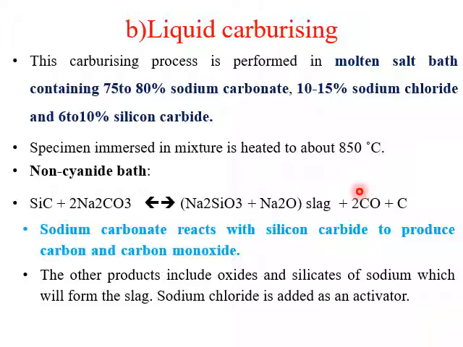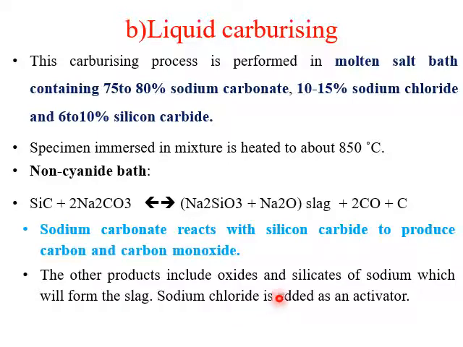Okay, so if you look into these things, the way in which we are going to do this, we have to heat up the liquid bath which is containing these chemicals, which will dissociate to give rise to the carbon atoms, which in turn diffuse into the components which we are going to dip into that solution.